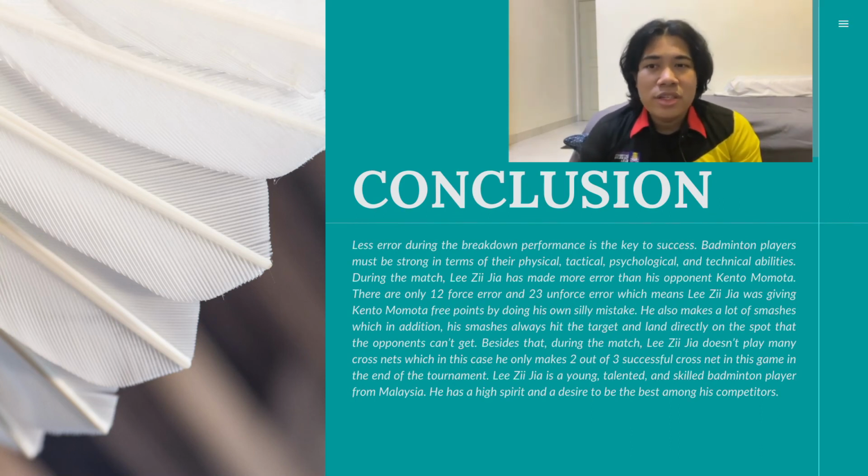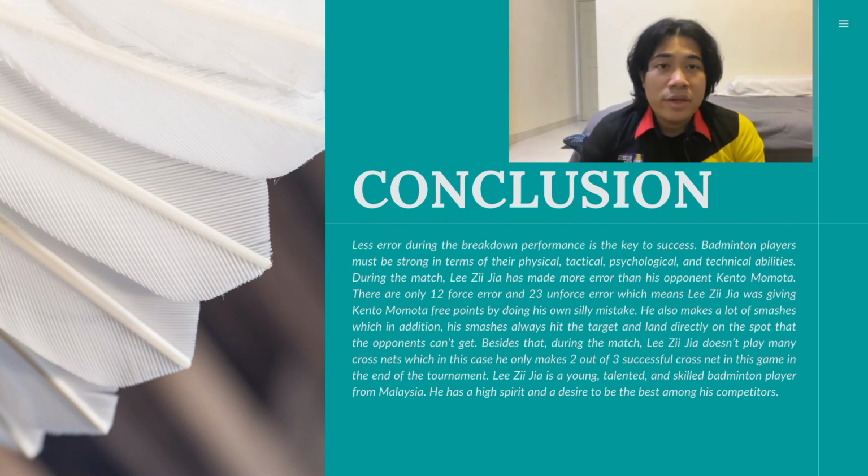Other than that, during this match, we can see that a player must keep focus on getting points and avoid making self mistakes or self errors, like the unforced errors YAHYA made.